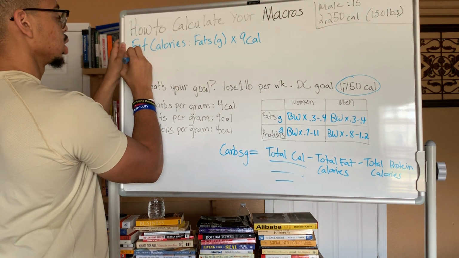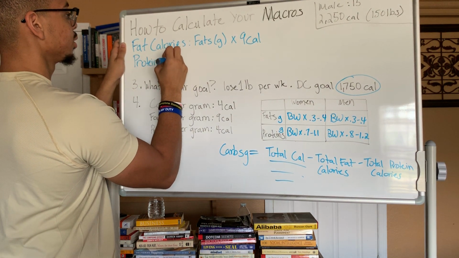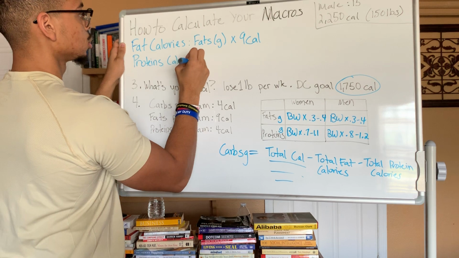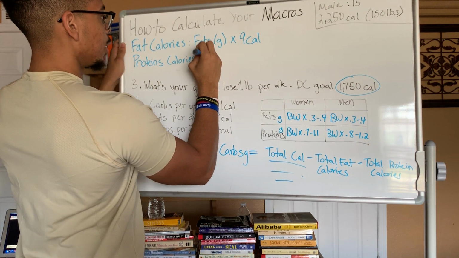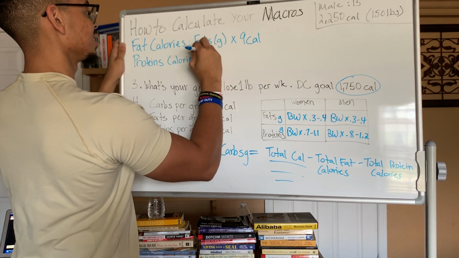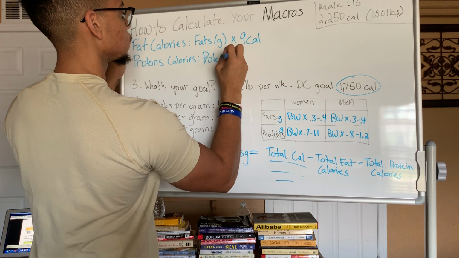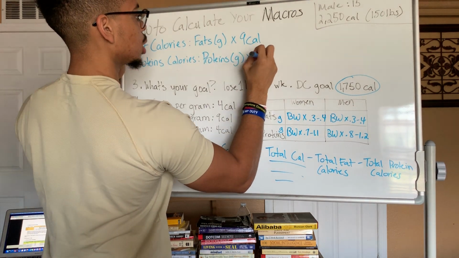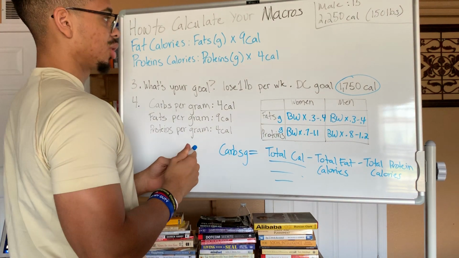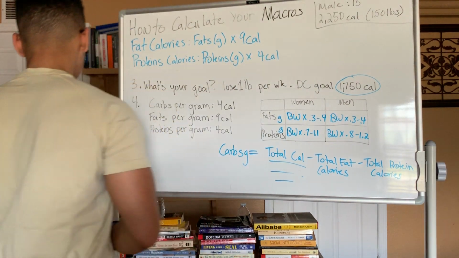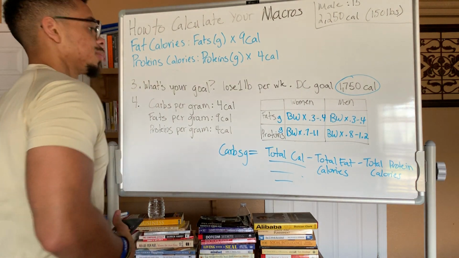Same thing, protein calories equals protein grams times 4 cal. Okay, so I'm going to go ahead and do that really quickly right now, since I already have some of the numbers that I need.